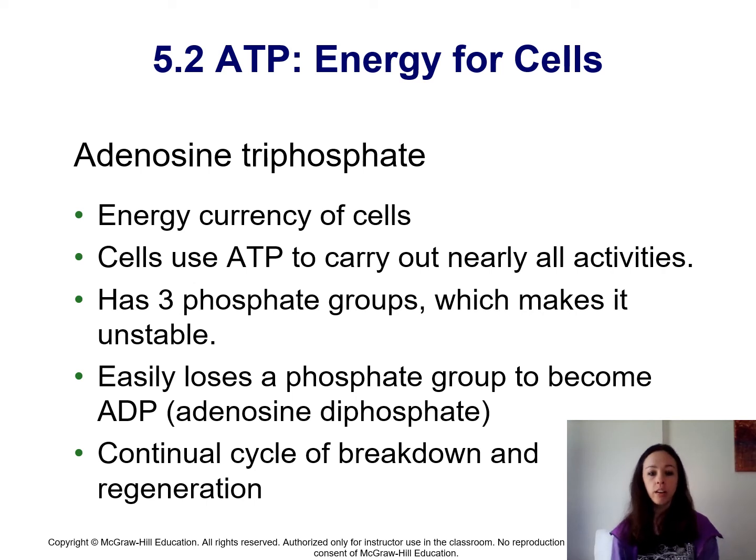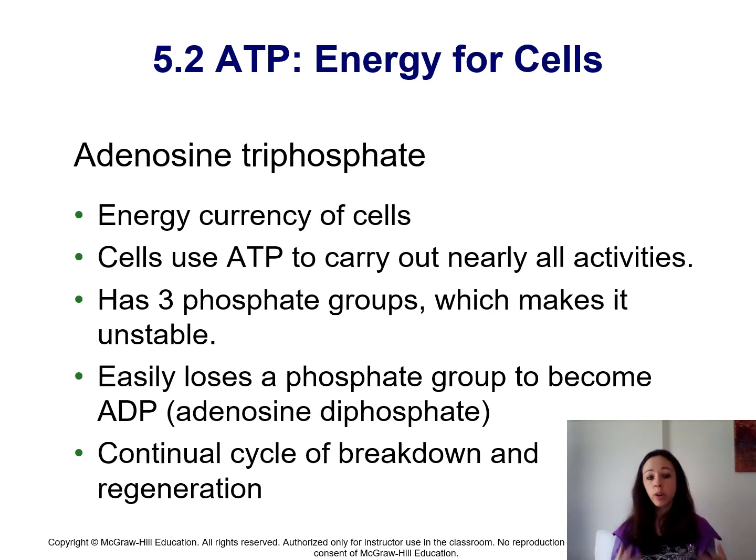The removal of this phosphate releases a lot of energy, since there's so much energy found within the chemical bond that keeps the phosphate group attached to that ADP. So the cell uses the energy from that broken bond to move the ions inside and outside of the cell.